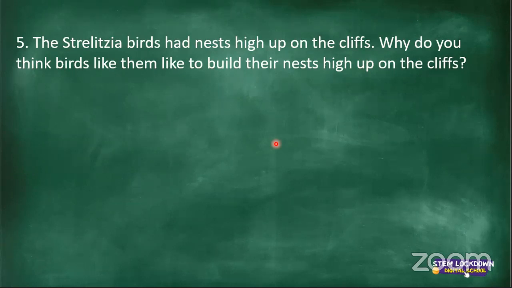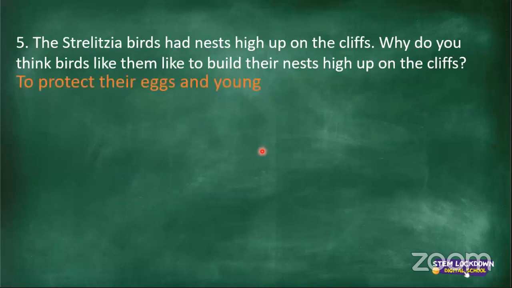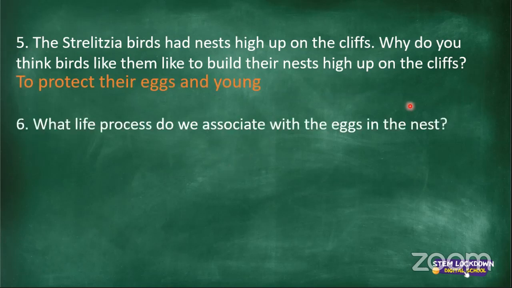They wanted to be high up so that they don't get hurt. And how can they get hurt? If another animal does what to them? Yes, no one takes the eggs. Good. That's a good answer. Okay. To protect the eggs and the young. Okay.